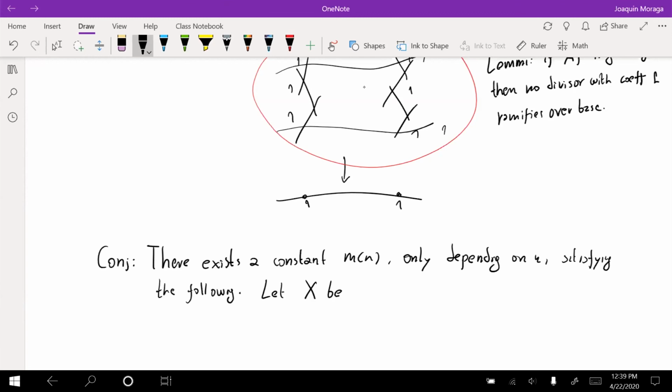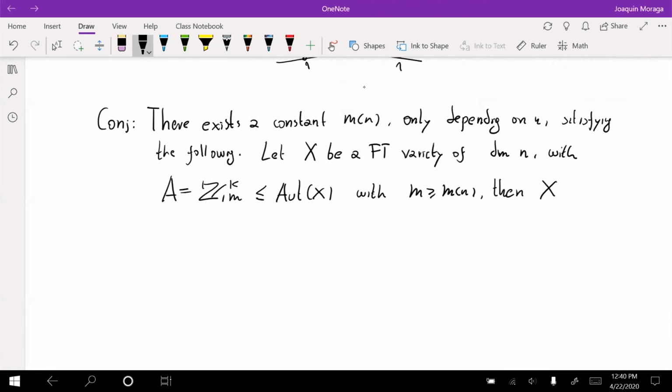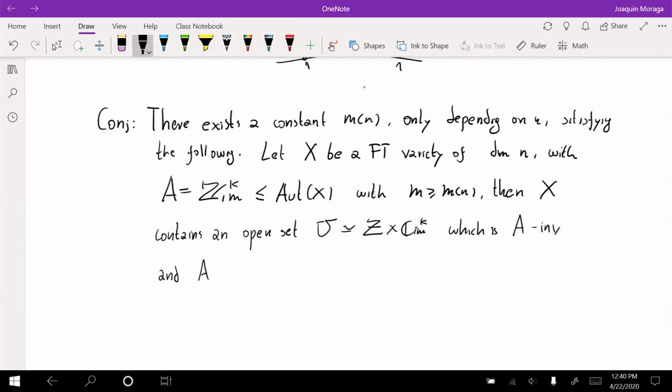Let X be a Fano type variety of dimension n with A equal to (Z/m)^k inside Aut(X), with m larger or equal than M_n, then X contains an open set U isomorphic to Z times G_m^k, which is A-invariant, and A acts trivially on Z and by roots of unity on G_m^k.